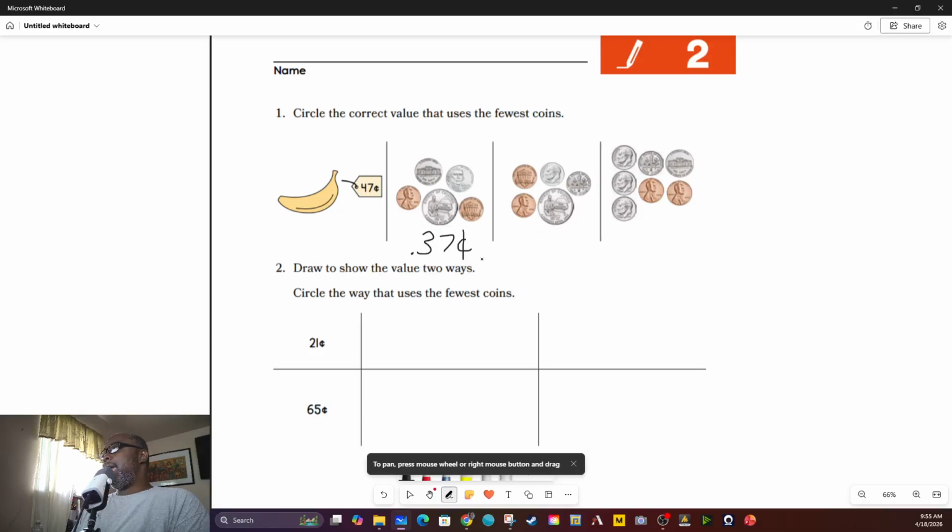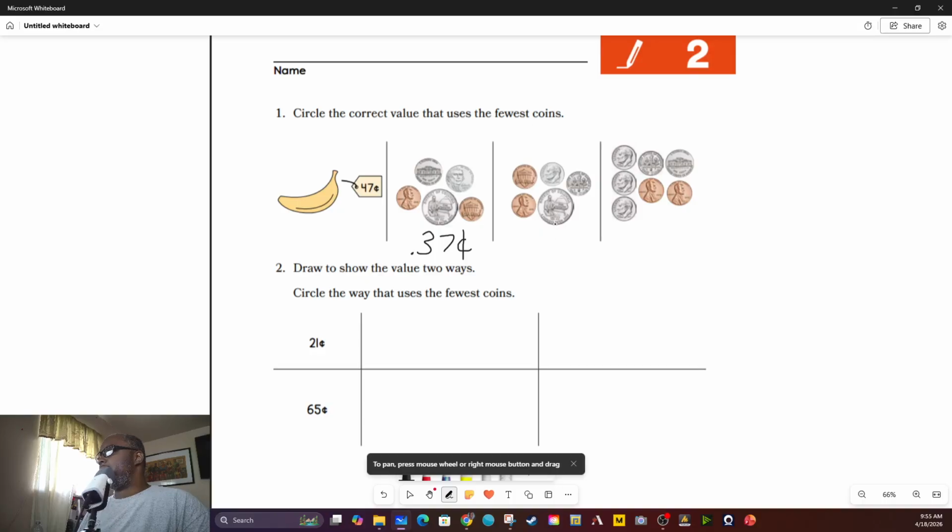We say "and" only when we have this little dot right here with a decimal point. Because if you say "and" in, say, 3 and 70, that means $3.70. So that is incorrect. But we're not going to use this one because it doesn't equal 47 cents.